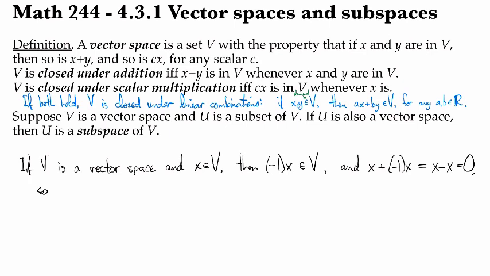So if it's closed under addition, then x plus minus x has to be an element of V. So that tells us that 0 is in V. Okay, long story short, any vector space contains 0.